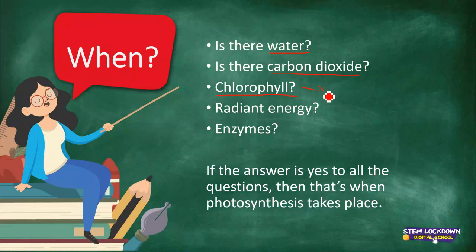We need a chloroplast. And where is this chloroplast found? In leaves of green plants. And we need radiant energy. Where do we get radiant energy from? The sun.